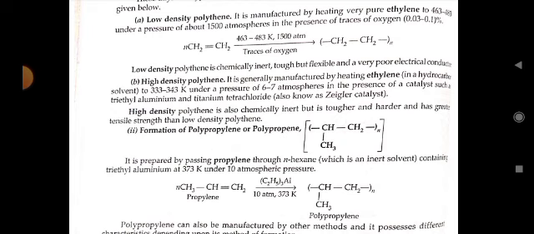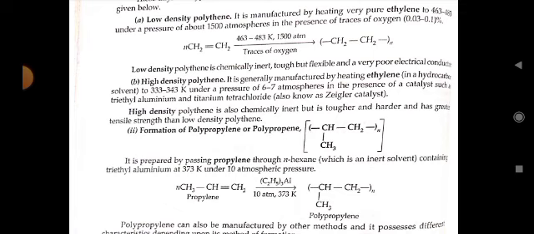It is generally manufactured by heating ethylene to 333 to 343 Kelvin under a pressure of 6 to 7 atmospheres in the presence of a catalyst such as triethyl aluminum and titanium tetrachloride, also known as Ziegler catalyst.